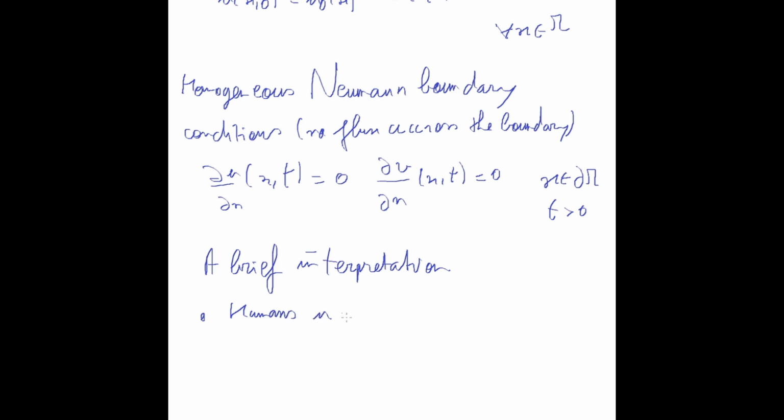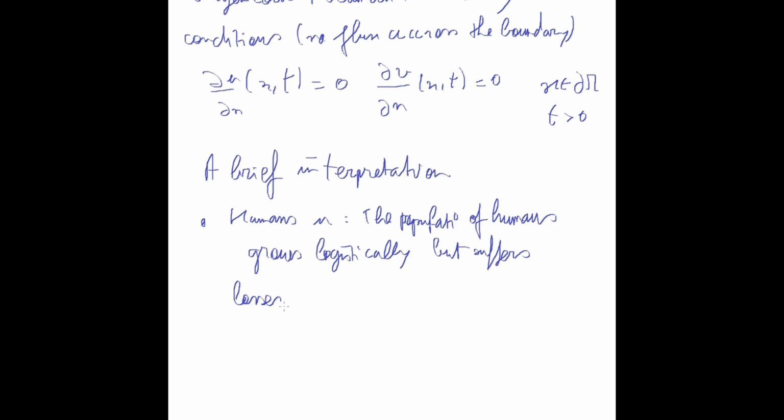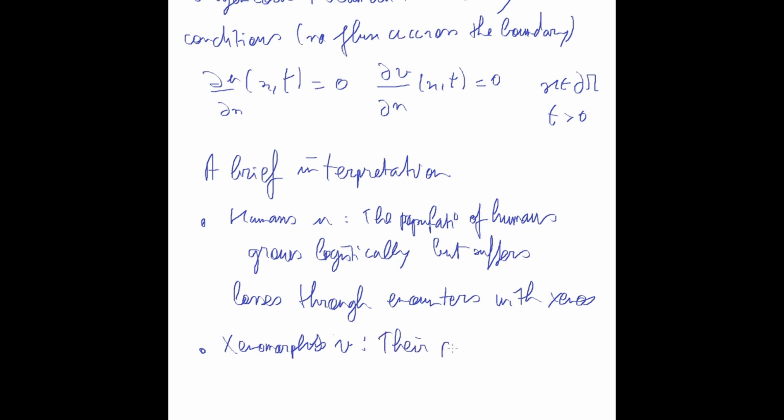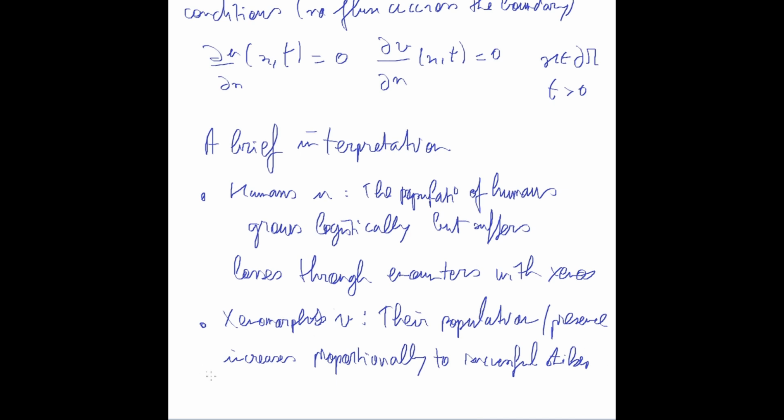The xenomorph population or presence increases proportionally to successful strikes, each determined by the product S(x,t) uv.